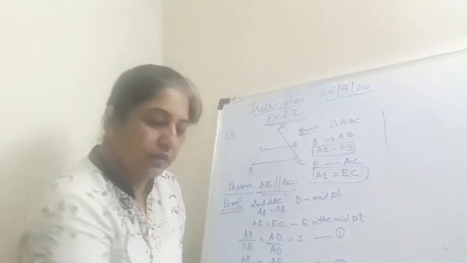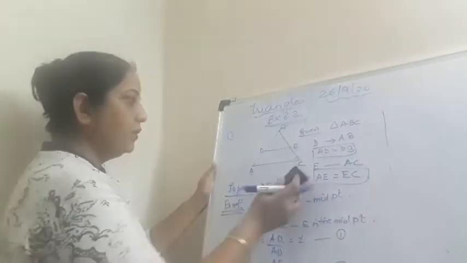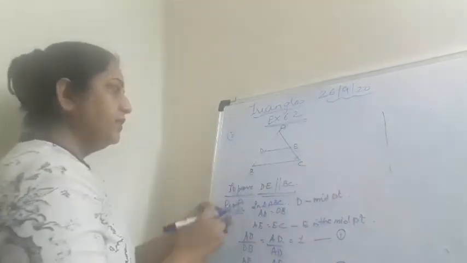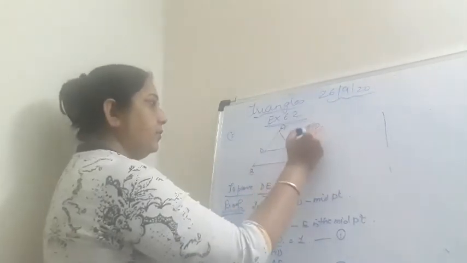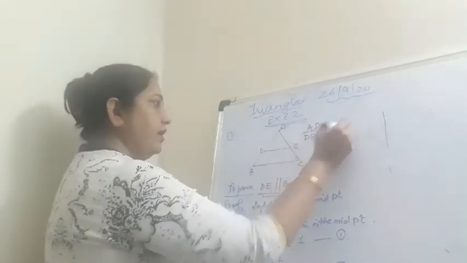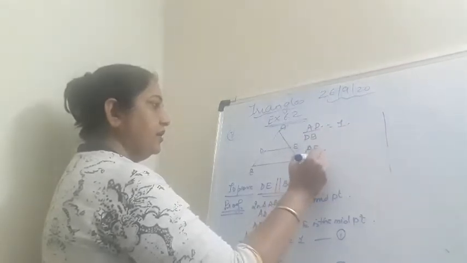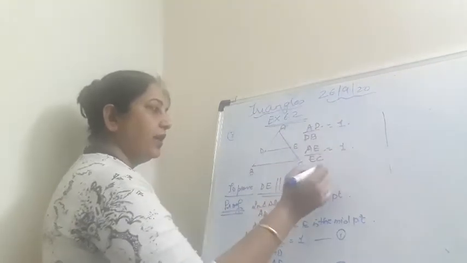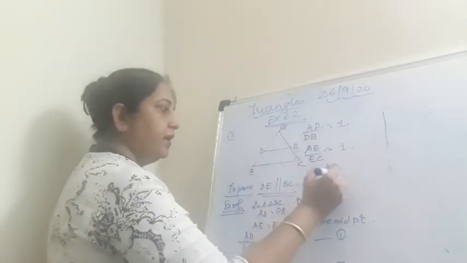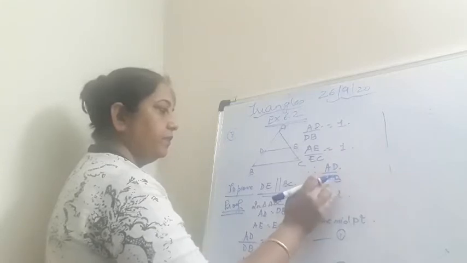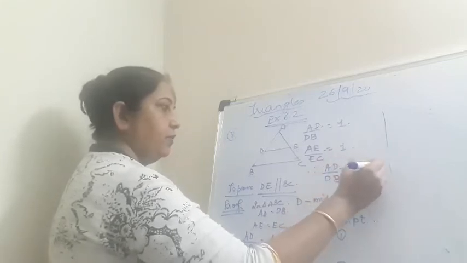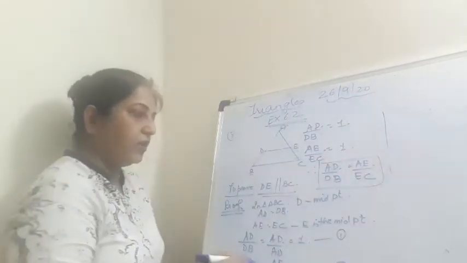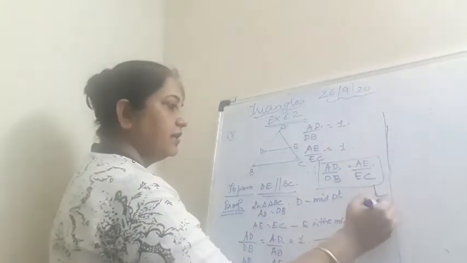So both the ratios are equal. So AD upon DB is equal to 1 and AE upon EC is also equal to 1. Therefore, by equations 1 and 2, I can write AD upon DB is equal to AE upon EC.